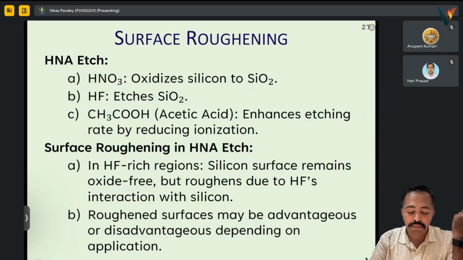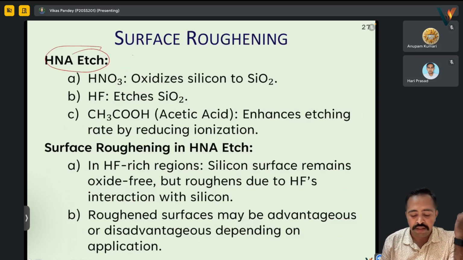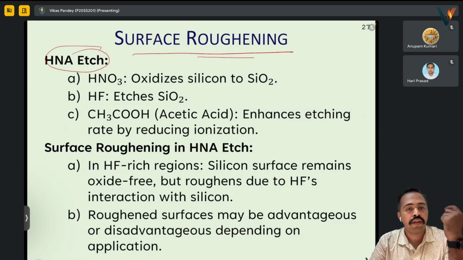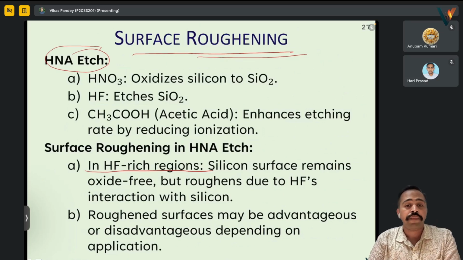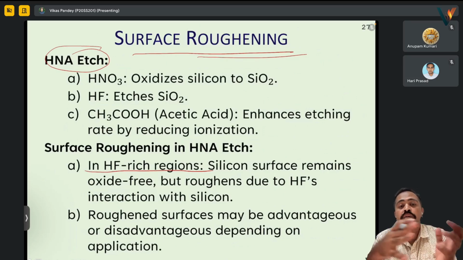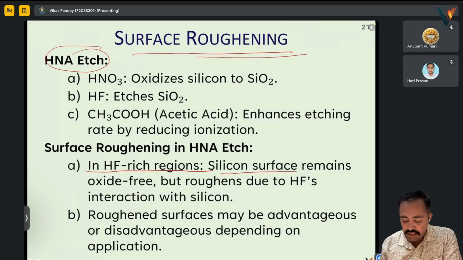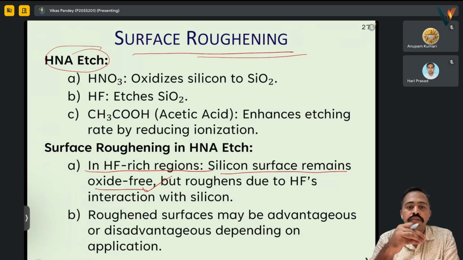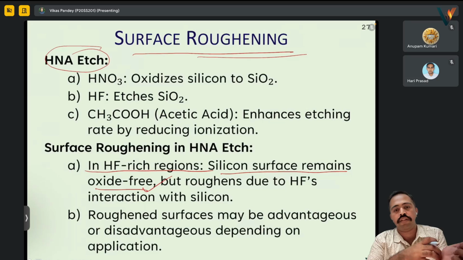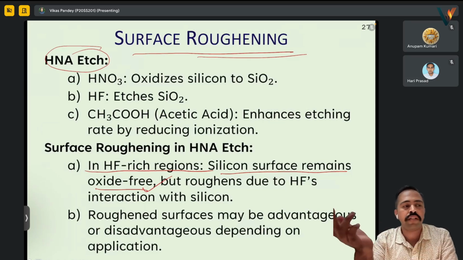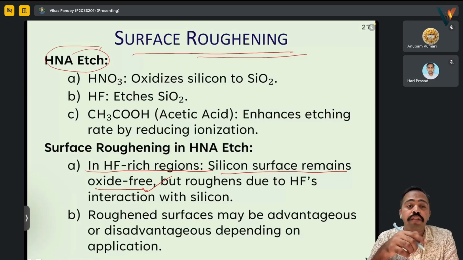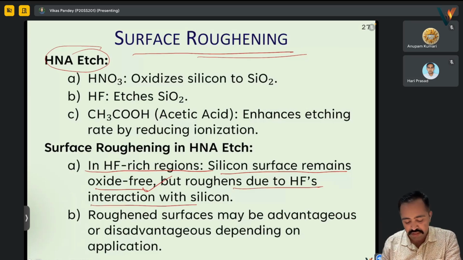Now, one problem that occurs with this HNA is surface roughening in HF-rich regions. If we are going for a high amount of HF, then the silicon surface remains oxide free. As soon as oxide forms, it is made into a complex and then dissolved. But it will lead to roughness due to HF's interaction with silicon.